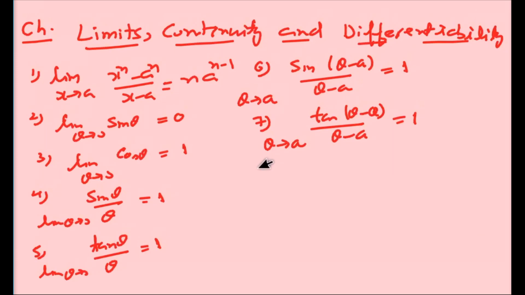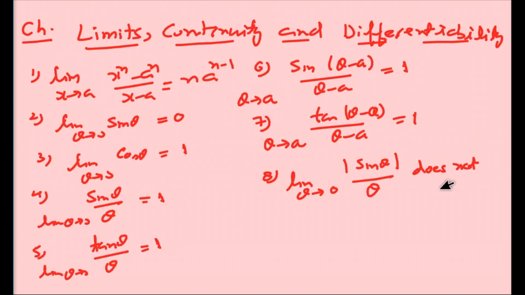And theta tends towards 0, and if we take the mod of sine theta upon theta, then this limit does not exist. Why does it not exist? It will be described in the next part.